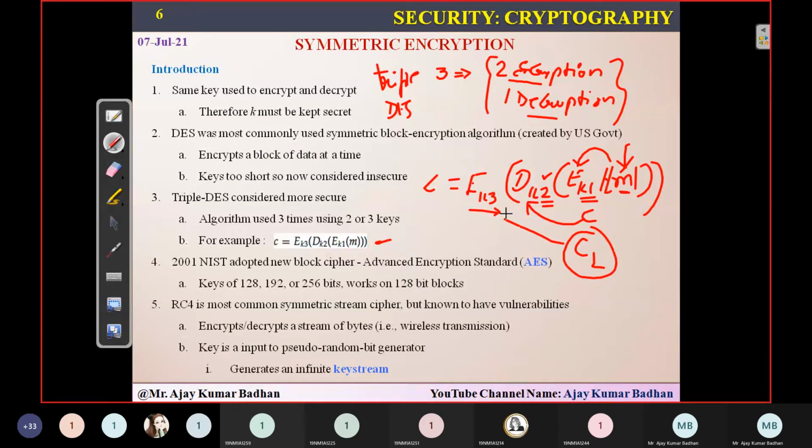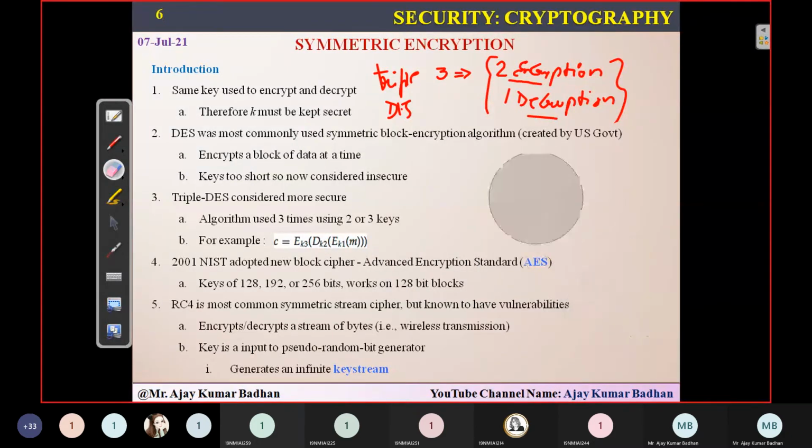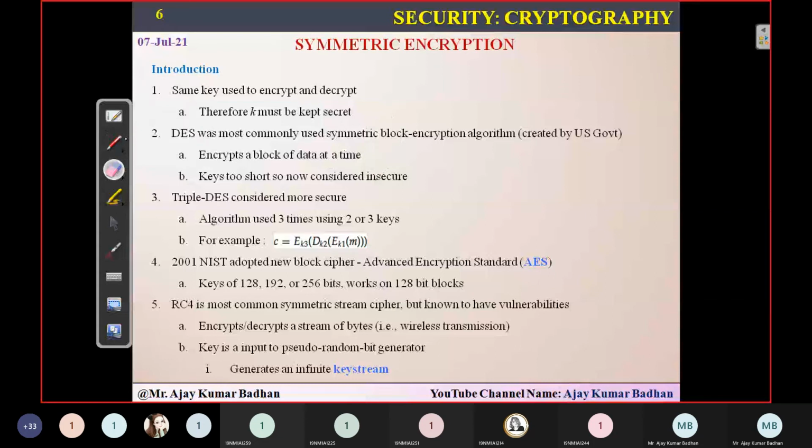On that C2, you apply EK3, that is encryption using K3. Finally you get a ciphertext called C3, and this C3 is transmitted to your destination. So it becomes very difficult for them to understand. The hackers in between, the man in the middle attack we saw in the previous session, will not be able to know what the message consists of, because they don't have the three different keys.